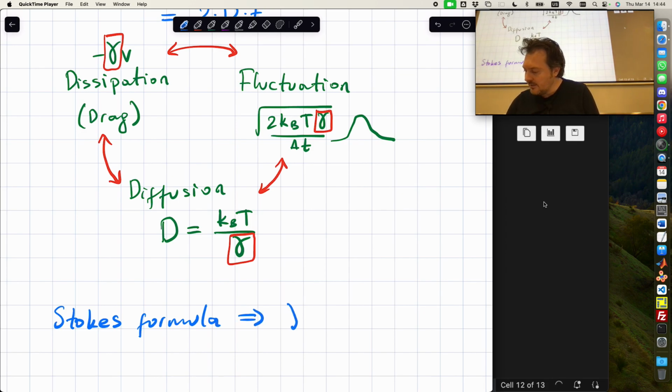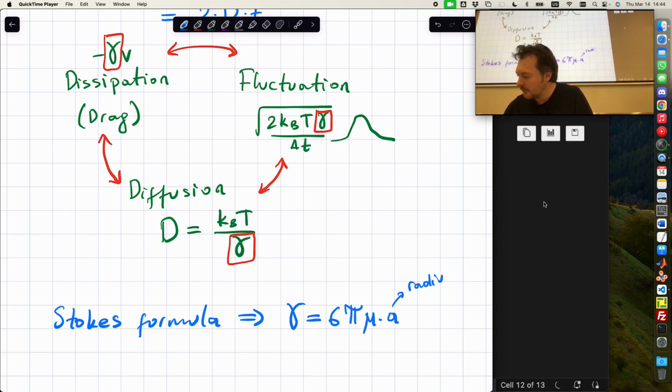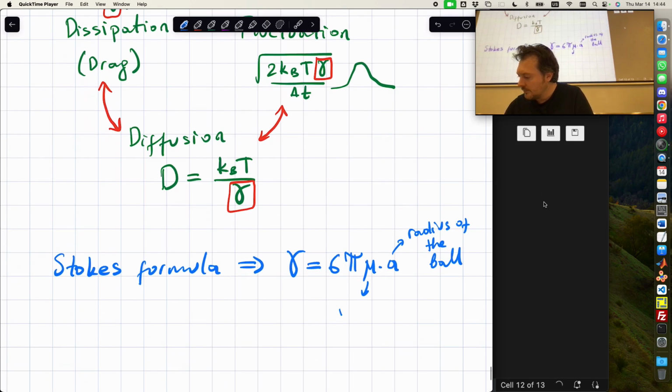You can derive gamma from the Navier-Stokes equation. You can put a ball inside the fluid and see what happens to it when you drag it. And you will see that gamma is related to 6 times pi times mu times a, where a is the radius of the ball and mu is the viscosity of the fluid.